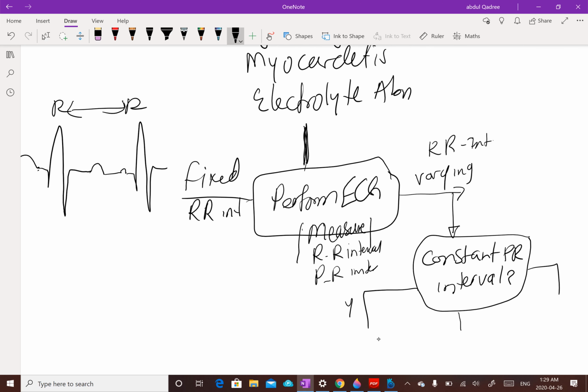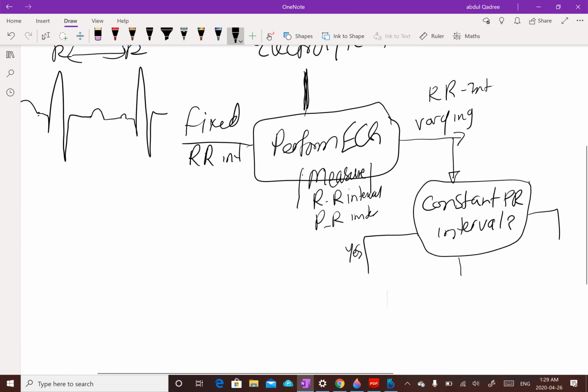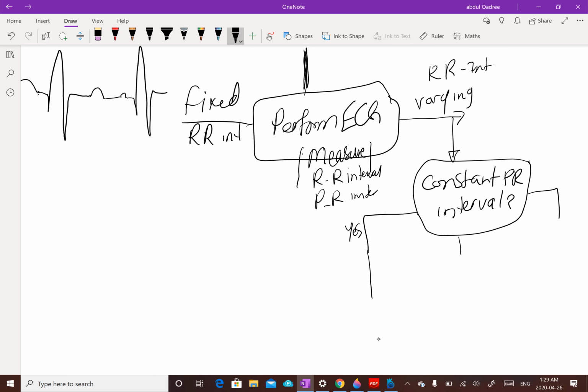If it is yes, then we have a second degree AV block. Which type? Mobitz type 2. Of course, yes, with a dropped QRS, right? Dropped QRS. So that's Mobitz type 2.